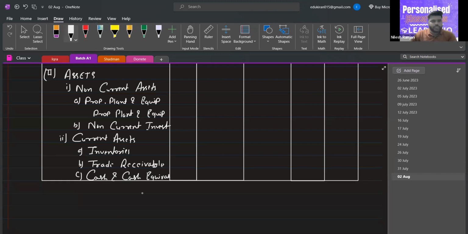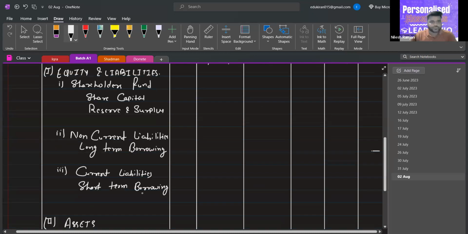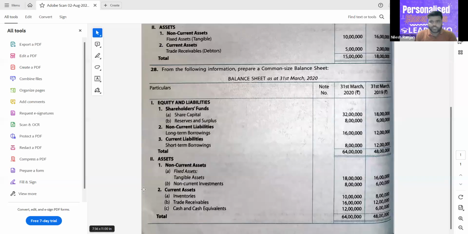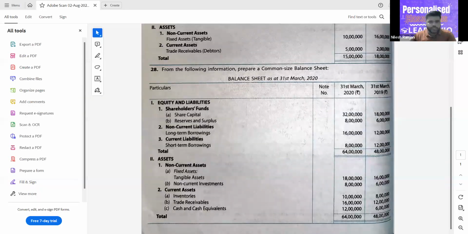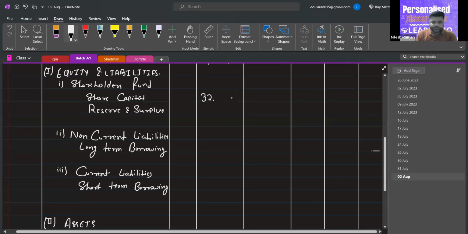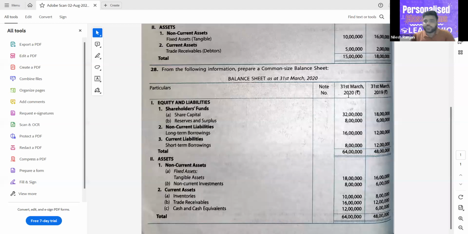Okay, now we will write the amount. First of all, share capital 32 lakh, 18 lakh. Actually 2019, current year, previous year. You have to see in the question whether the current year is first or the previous year, because in confusion you write in the wrong column and the percentage calculation is wrong.